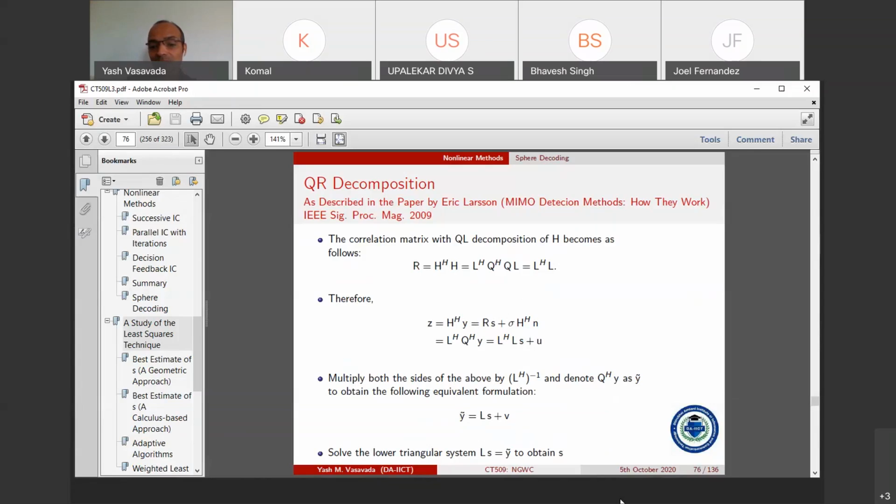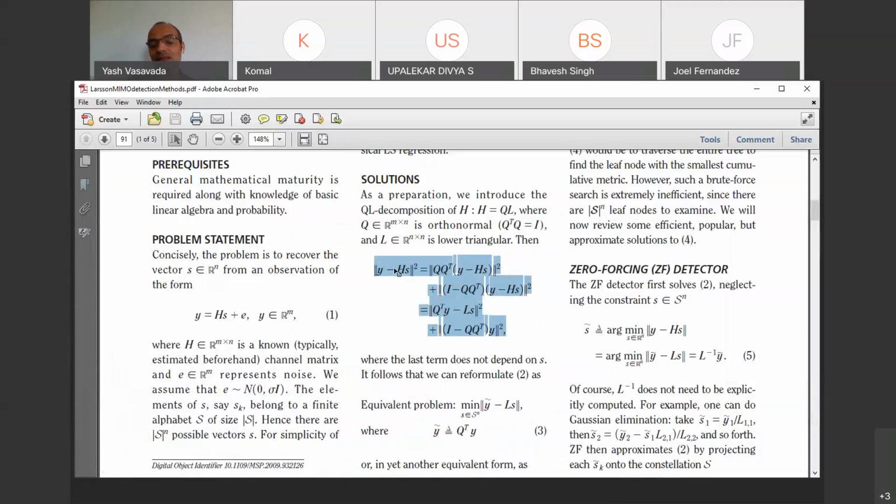But over here, it is explicitly shown that y minus hs norm squared is same as y tilde minus ls norm squared. But this derivation method is very different from the simpler way that we came to equation 3.